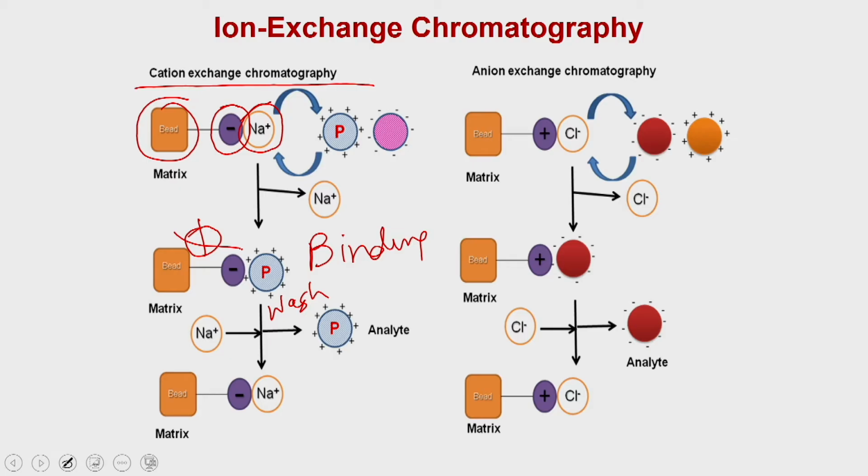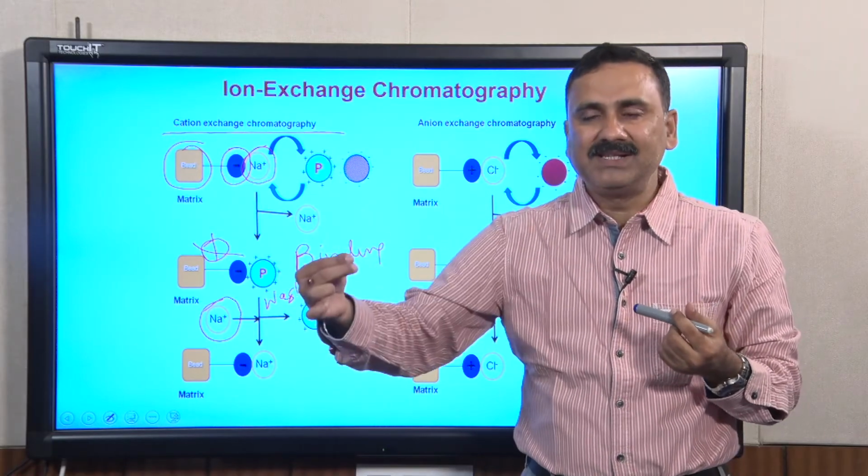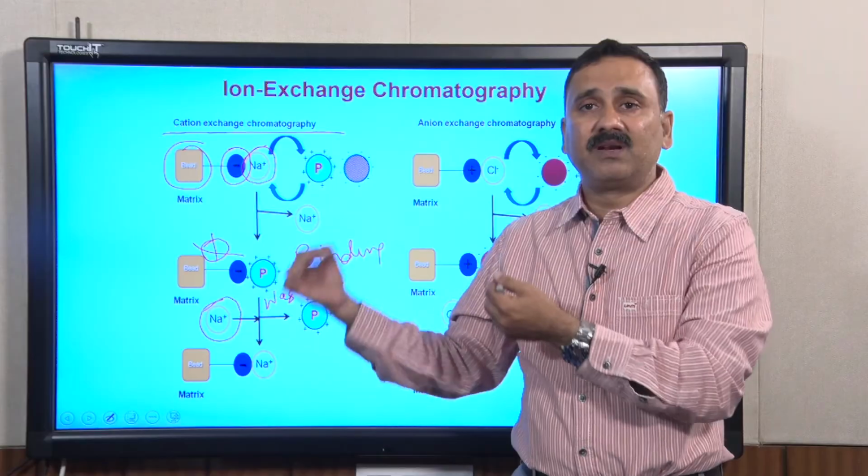Now, you have the beads, the functional group, and the protein bound to that particular functional group. Now you are going to do exactly the same, the reversal. You will supply the NaCl or the sodium. Once you add the sodium, it is going to replace the protein and bind to your functional group, but the amount of sodium required to replace the protein bound to the matrix beads is going to be different for different proteins.